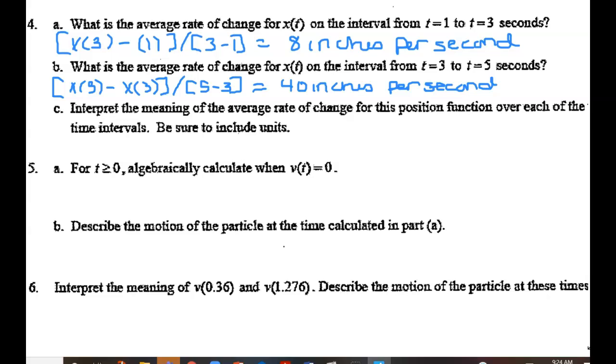So it's going from 8 inches per second to 40 inches per second. If you were going 8 miles per hour to 40 miles per hour, what are you doing? Accelerating. Excellent. So the average rate is speeding up. Therefore, the particle is accelerating in the positive direction.